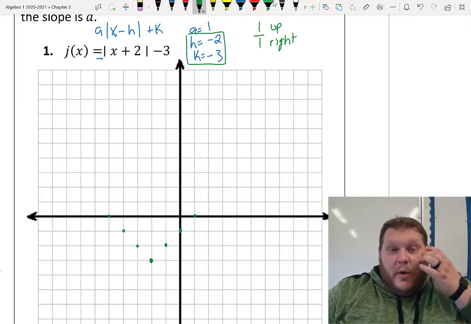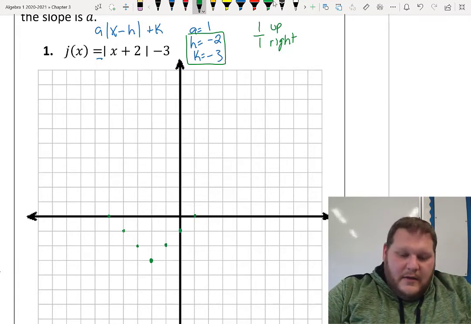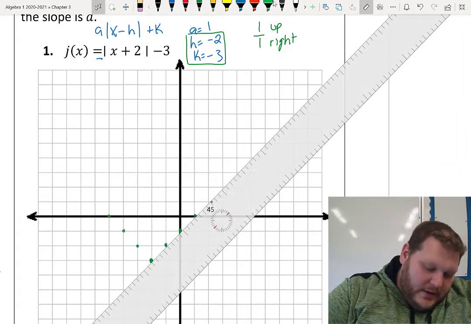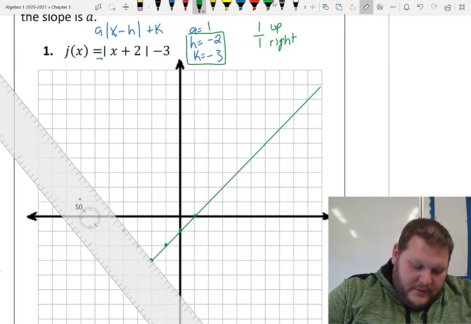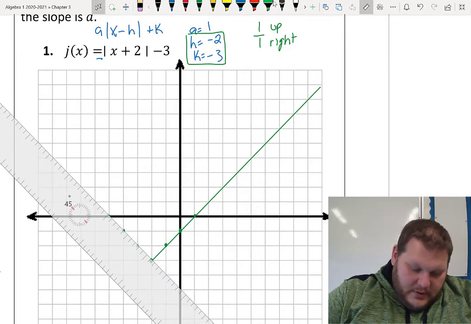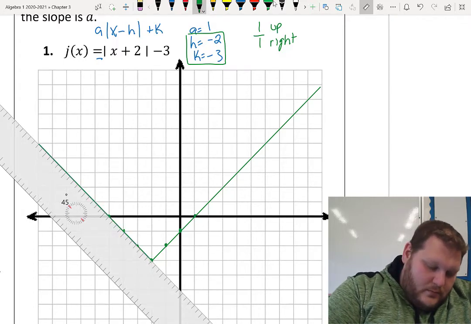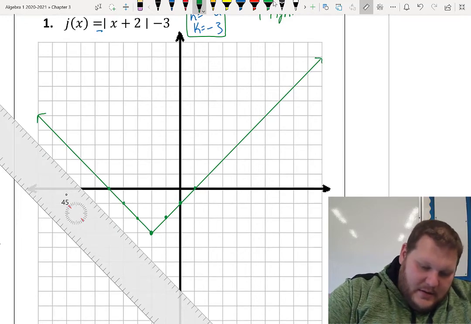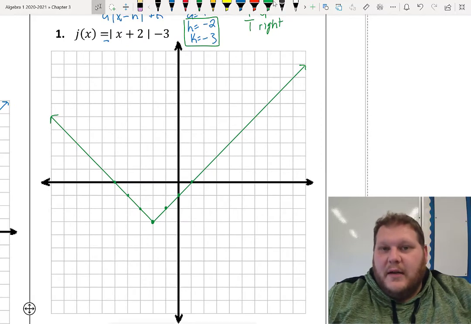You can do as many as you want to, as long as you have the vertex and a point on either side. Then you'll be able to grab your ruler, come right in here, and you're going to go ahead and move your ruler over this way, line it up nicely here, and put arrows on the ends, and that is my absolute value graph for that particular example.